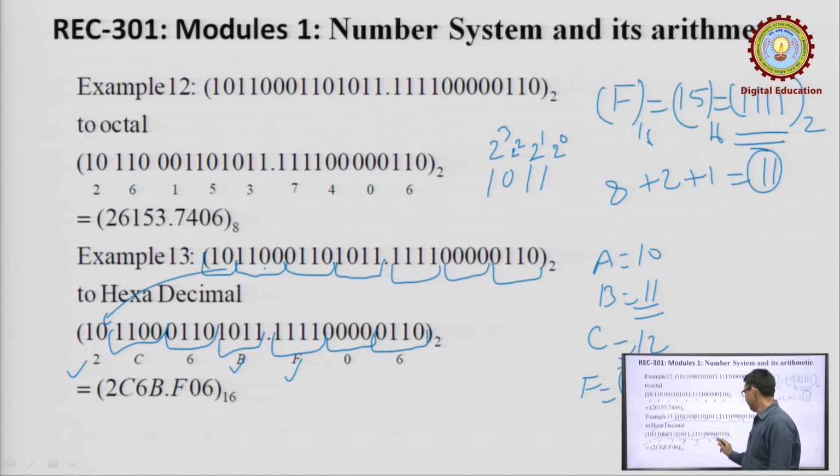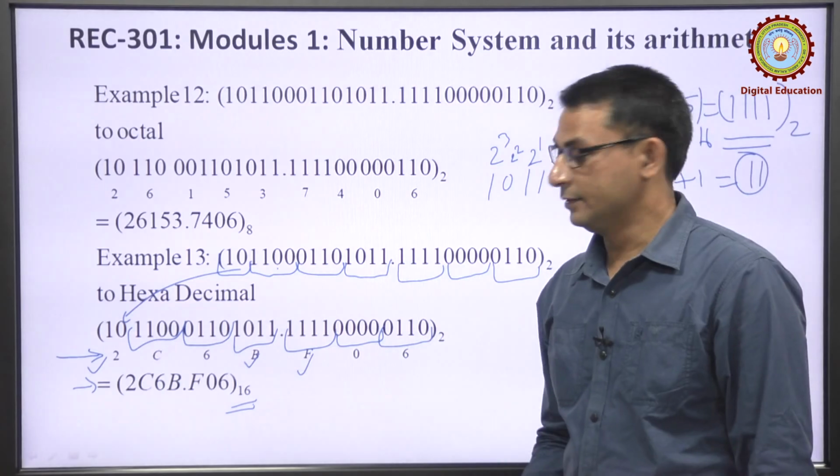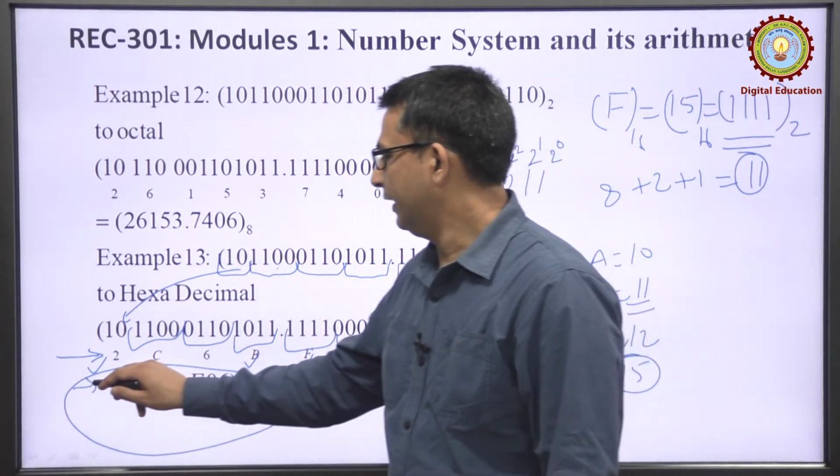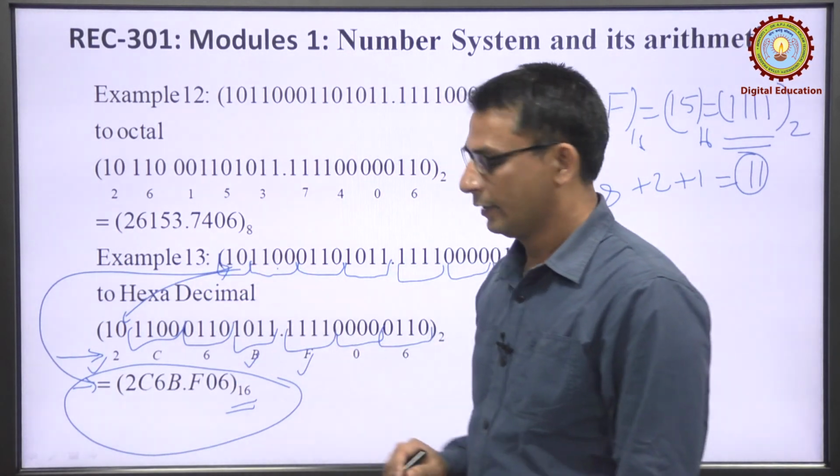Okay, so we can write down these digits here and just put base 16. It means this is the hexadecimal equivalent of the given number. Okay.